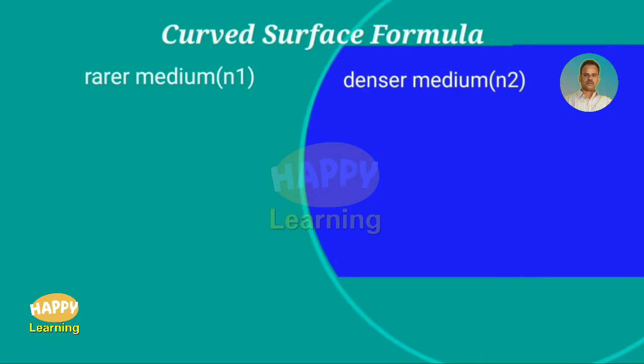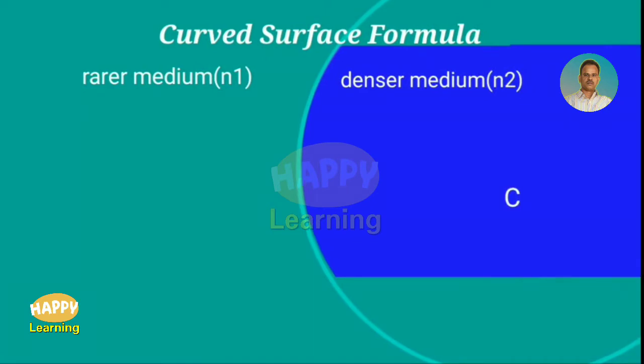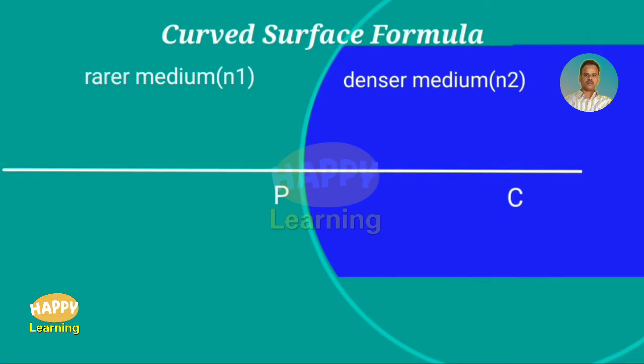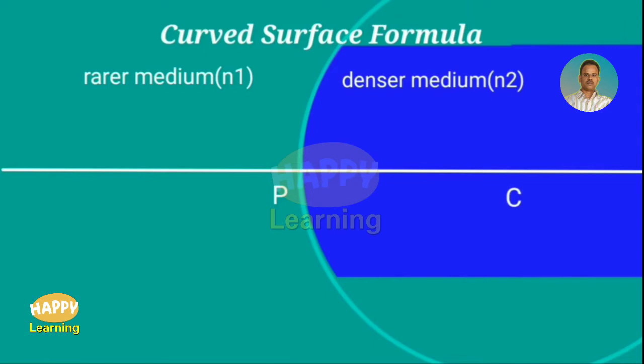The center of that circle is the center of curvature. The midpoint of the curved surface is the pole P. The line joining P and C is the principal axis.